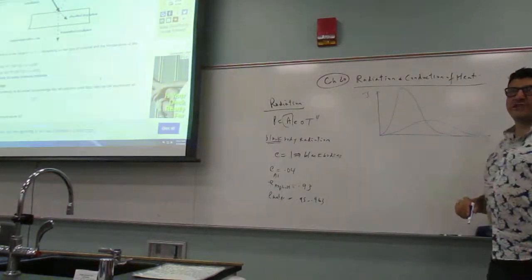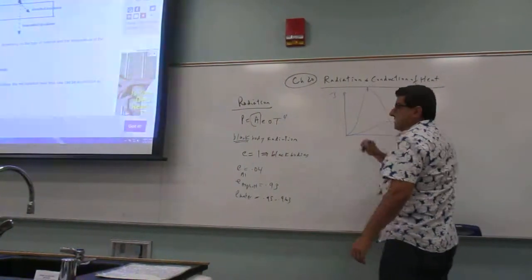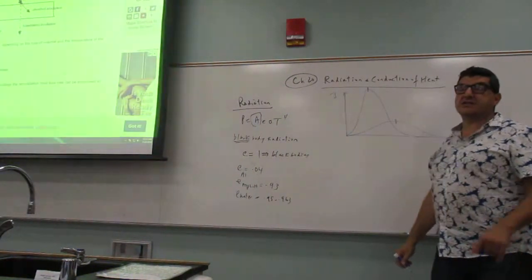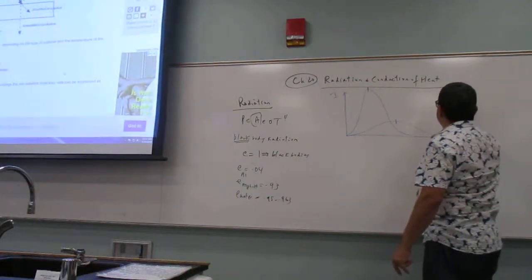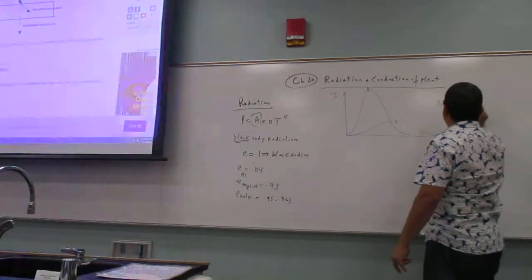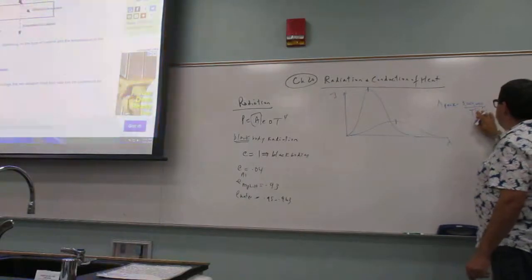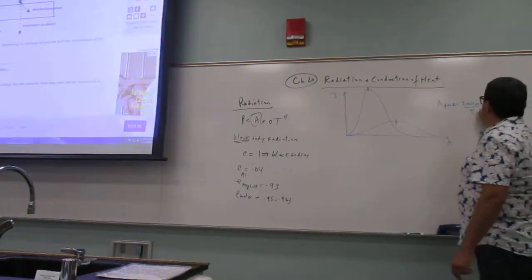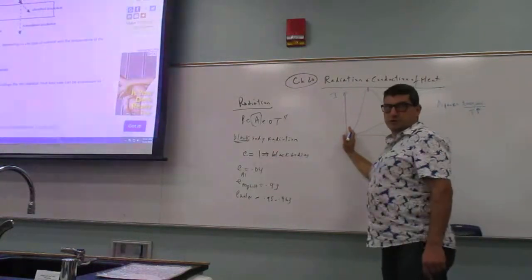The amount of radiation that they emit shifts from here to here, right? This is called Wien's Law. Lambda peak is 3 million divided by T. Not T to the power 4, divided by T, right? So when the object gets hotter, what happens? The peak wavelength of the object gets smaller, right?